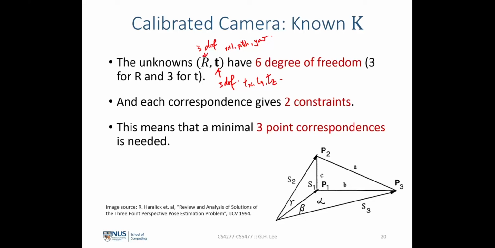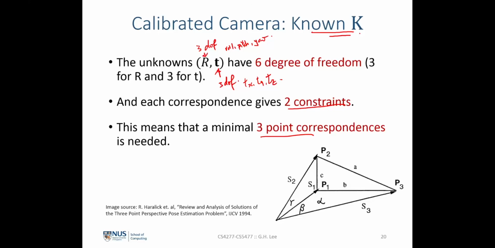And we also know from the previous uncalibrated case that each point correspondence gives two independent constraints. As a result, because we are directly solving for the rotation and translation here, in this case where the intrinsic value is known, altogether we will need 3 point correspondences as the minimal set to solve for the 6 unknown degrees of freedom in our rotation and translation.